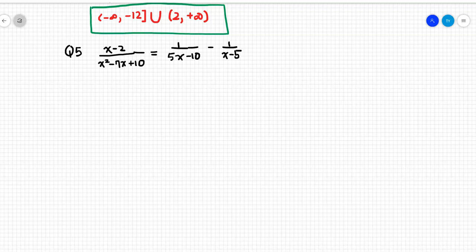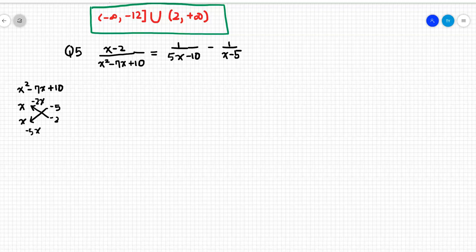So, because this is a rational equation, we want to eliminate the denominator. So we're going to have to find out what would be the LCM, the least common multiple here, right? Now, if I factor the x² - 7x + 10, that's going to be same as what? 5 and 2, but they're both negative, right? Because you got minus 5x and minus 2x, and if I add the minus 5x and minus 2x, I get minus 7x.